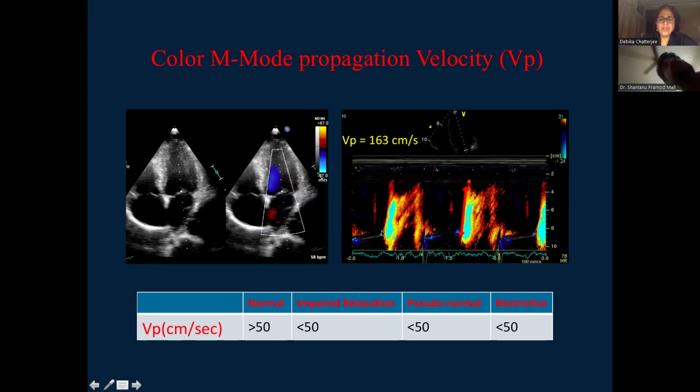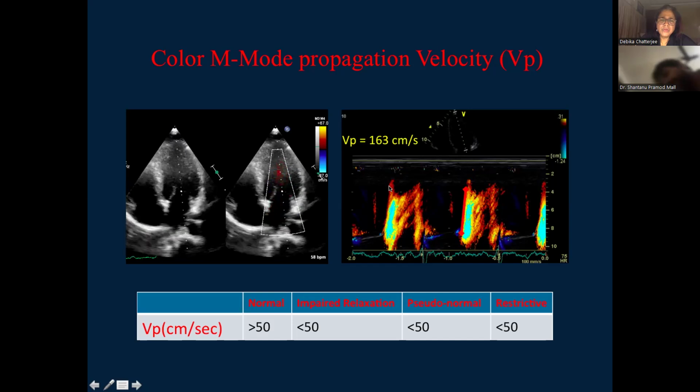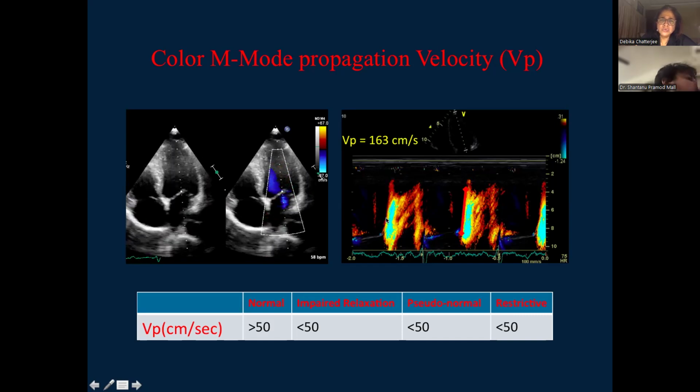Normally we measure this slope from the level of the mitral valve up to 4 centimeters inside the ventricle. The mitral valve is here and this entire part is the LV. So we go up to 4 centimeters and measure the slope.